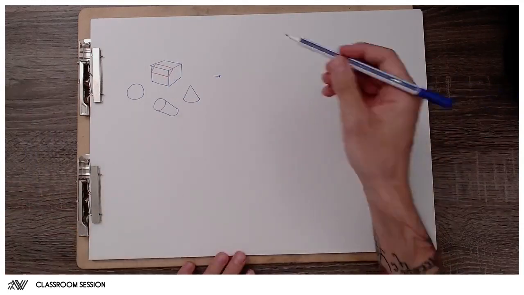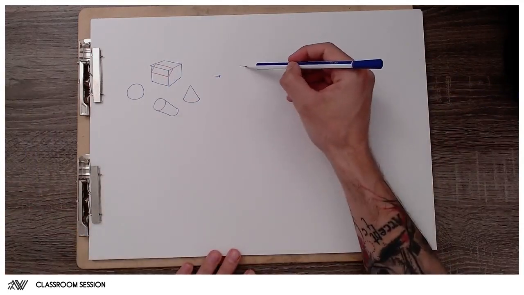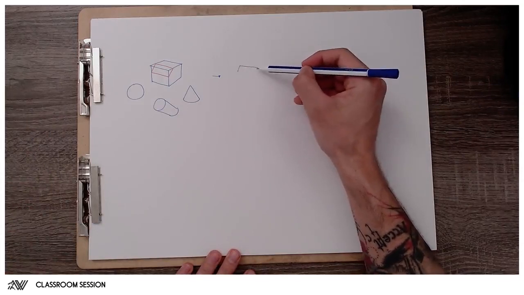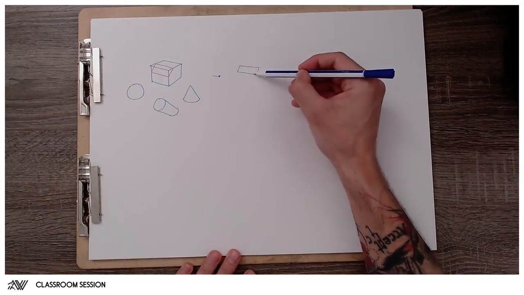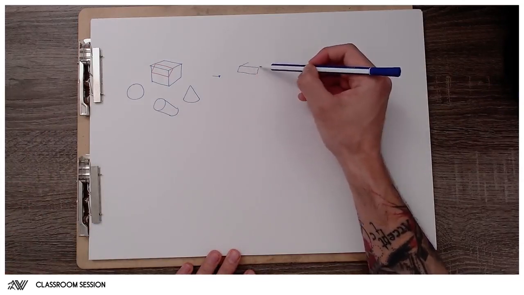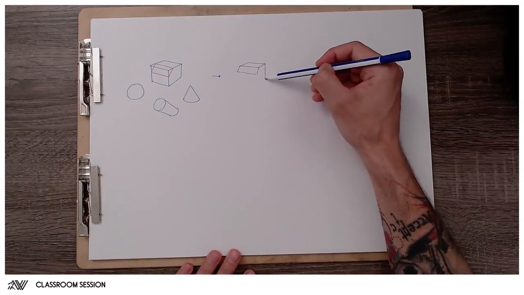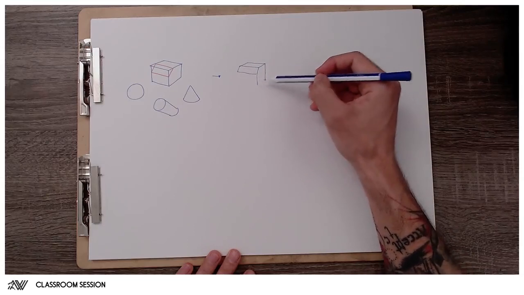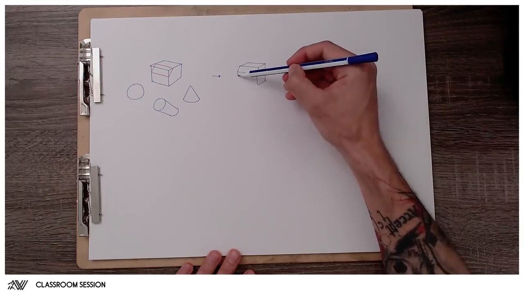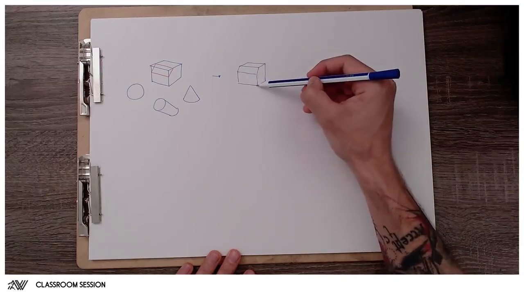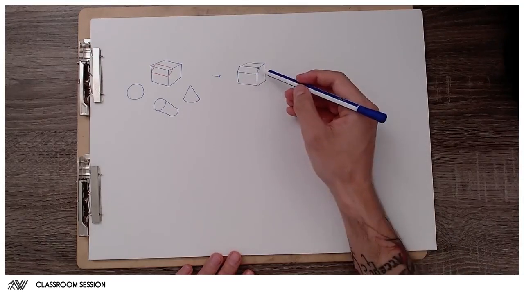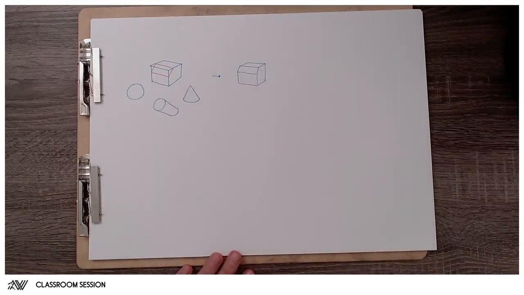So the resulting shape would look something like this. We still have the box fairly recognizable in a similar perspective, but we're just subtracting that shape that I just cut out.